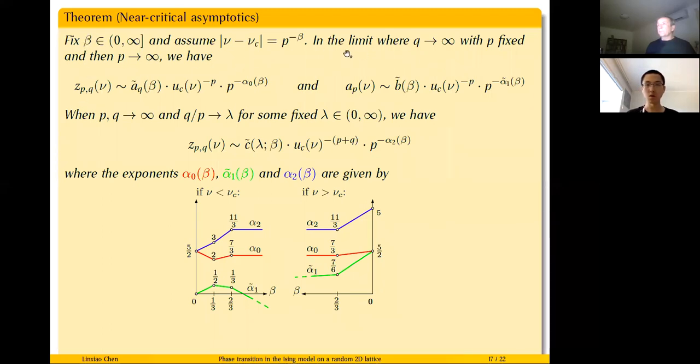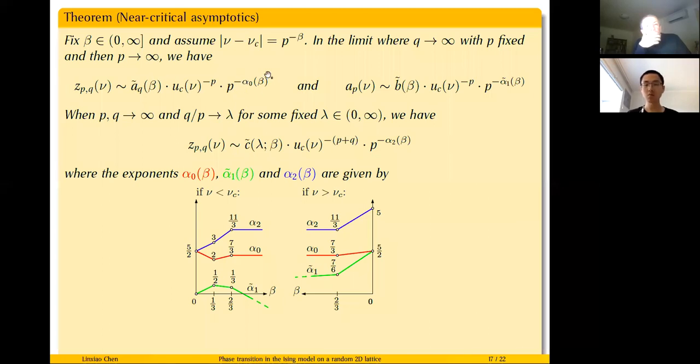And we look at the same limit regime as before: q goes to infinity with fixed p, and then p goes to infinity, or pq goes to infinity at the same time with the ratio going to some constant. And then we again have asymptotics which are quite similar to the previous ones.